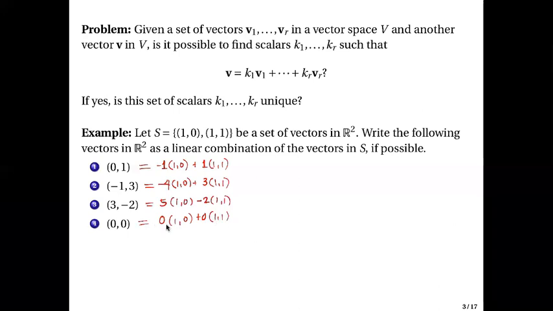So if you add 0, 0 with 0, 0, we'll just get 0, 0. And just like in the first two items, 3 and 4, this combination here is unique, meaning we cannot find other combinations to get these vectors on the left-hand side.